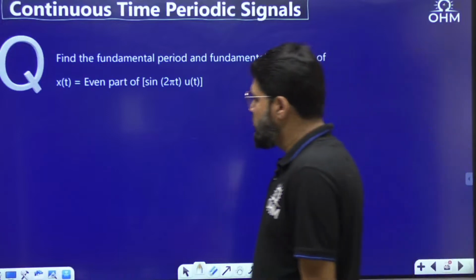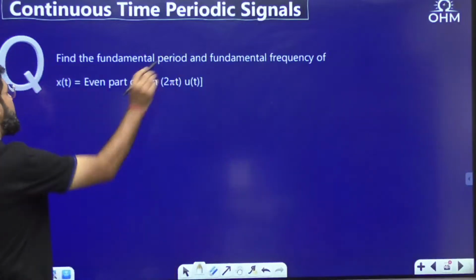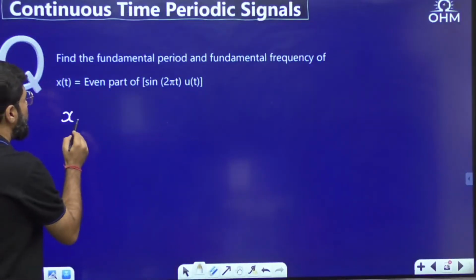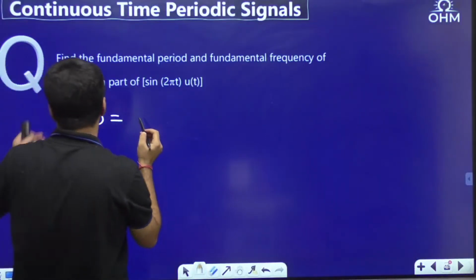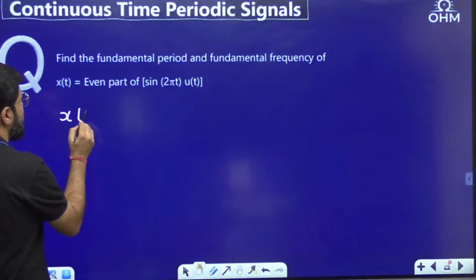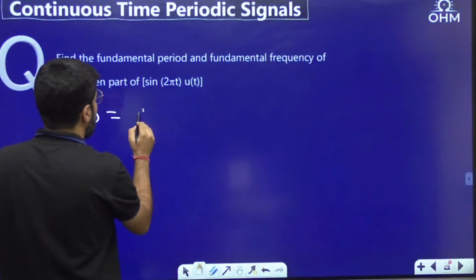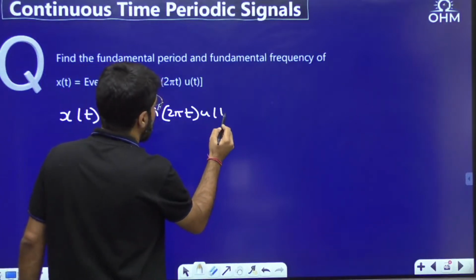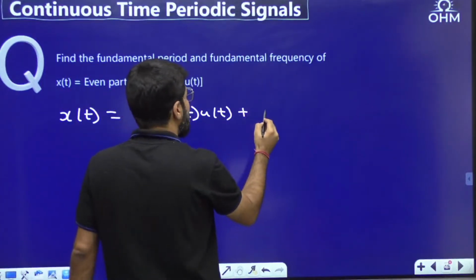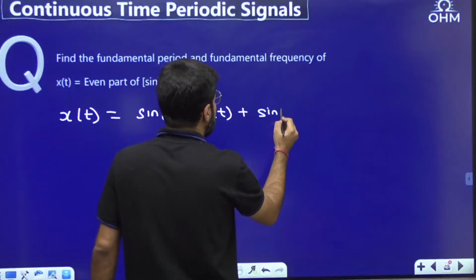What is that even part again? That means first take sin 2 pi t u(t), then add sin of minus 2 pi t u(-t), that is x(t) plus x(-t).